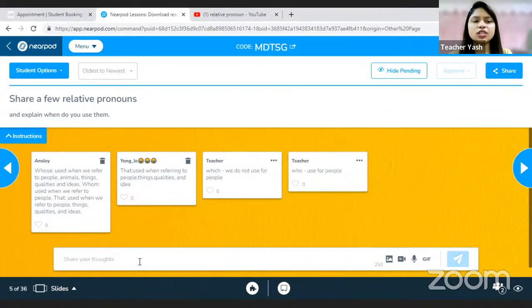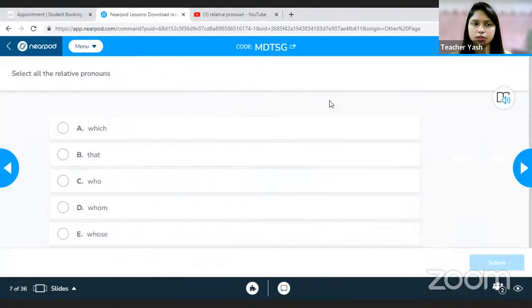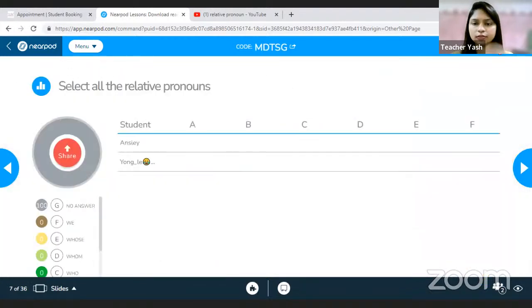Okay, so Ansley, you said that whose we use for people, animals, things, qualities, and ideas. Whom and who we use for people, that we use for everything, all. Okay, which we do not use for people. Okay, so we have shared all the relative pronouns and how and when we use them. Okay, so now can you please select all the relative pronouns over here?